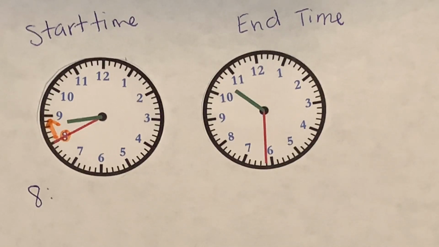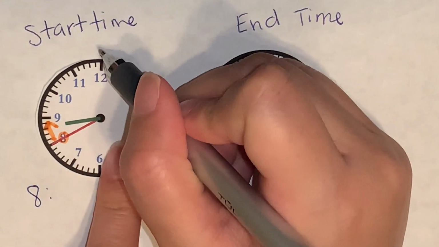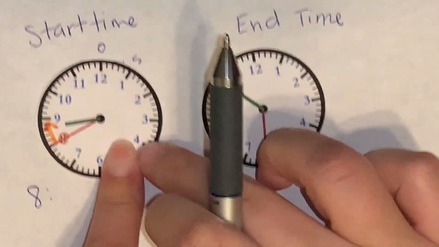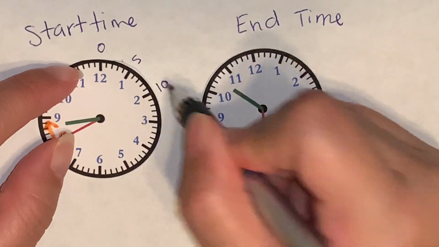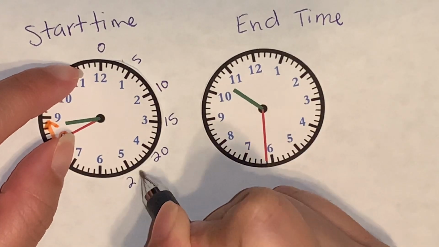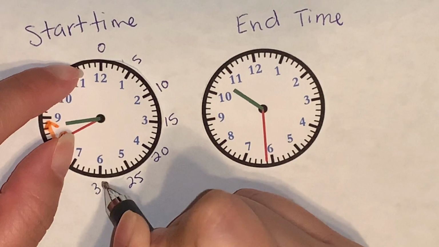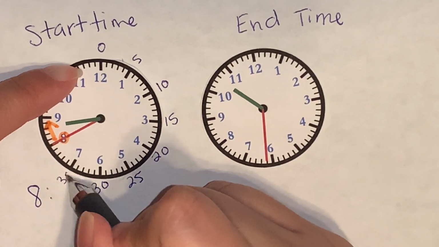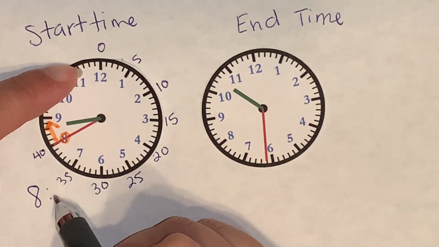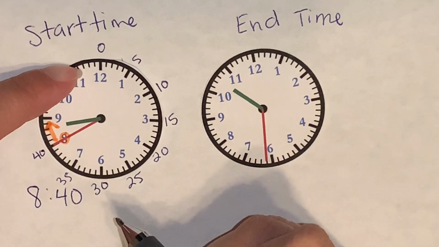Now we count the minutes. When we count the minutes, this is 0, 5, 10, 15, 20, 25, 30, 35, 40. So we know that the time is 8:40.